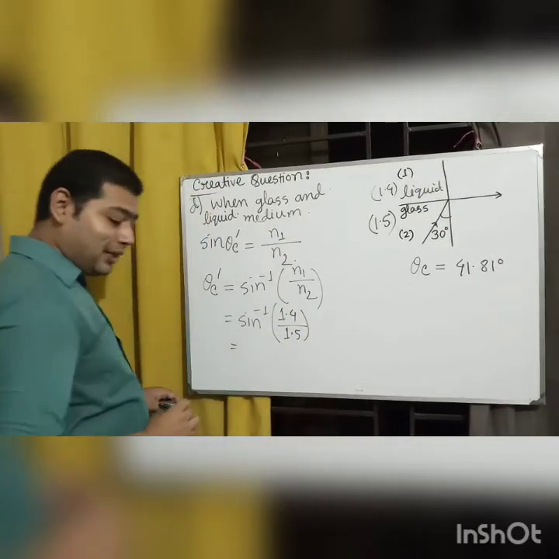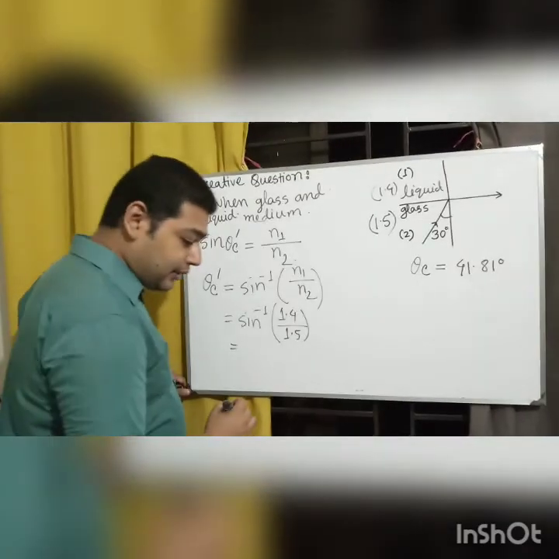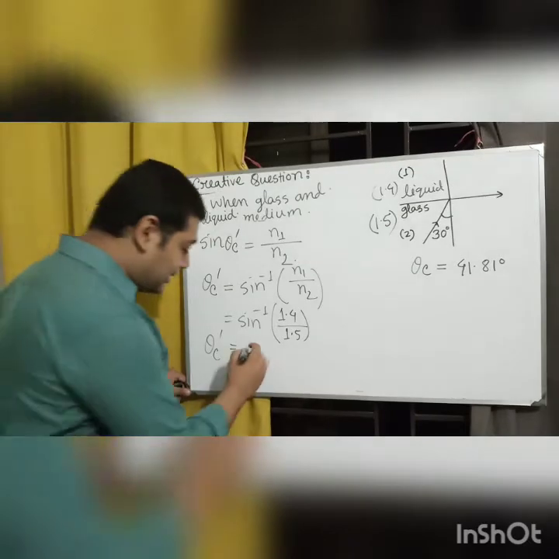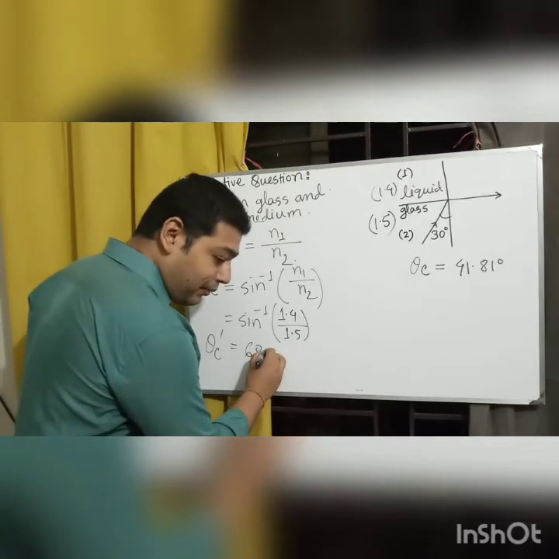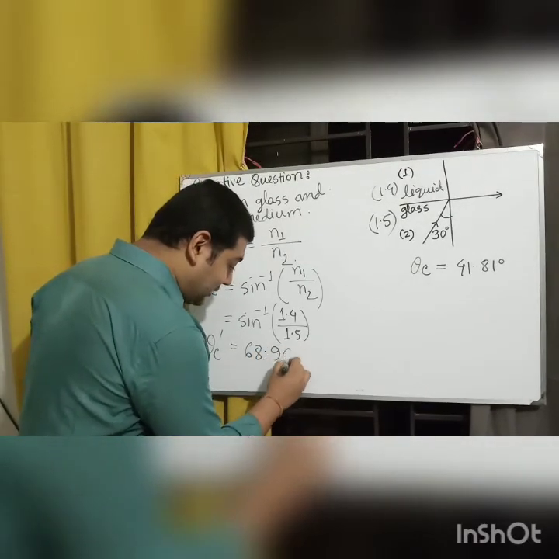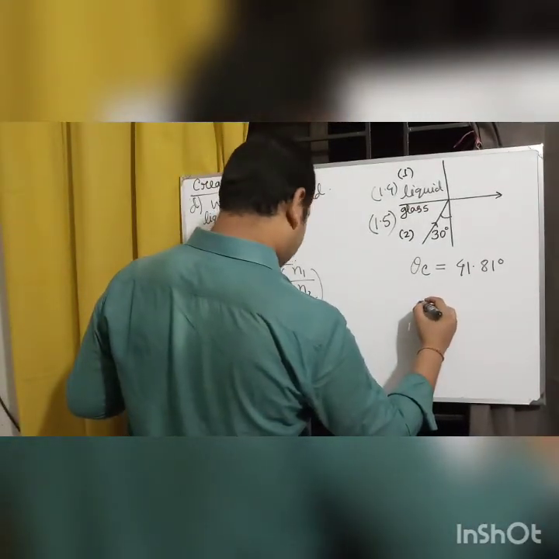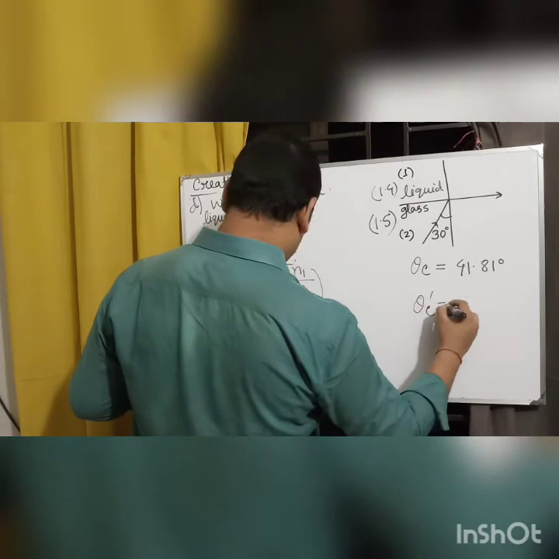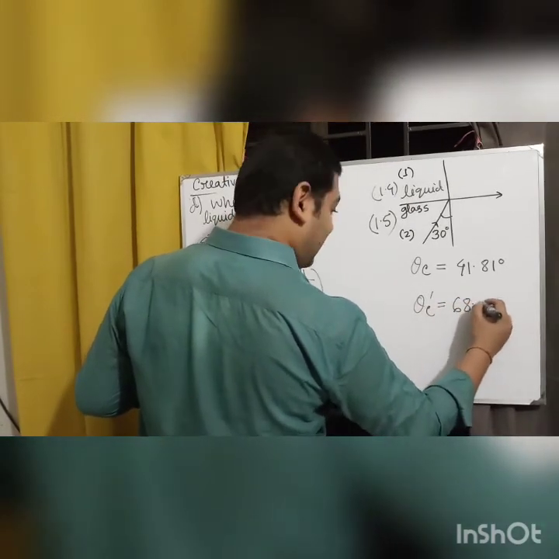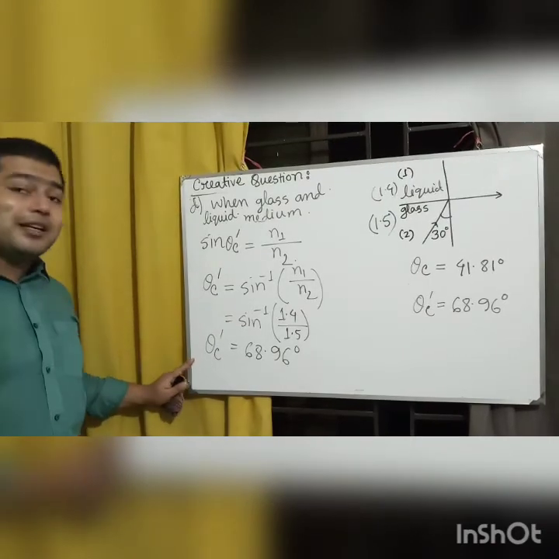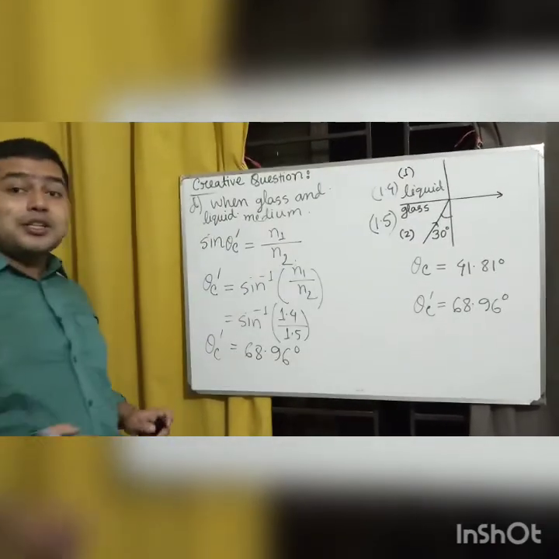By calculating, we get the value of theta c prime is 68.96 degree. Okay, so this is the critical angle for our given condition.